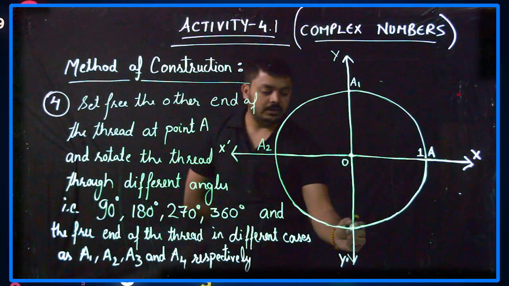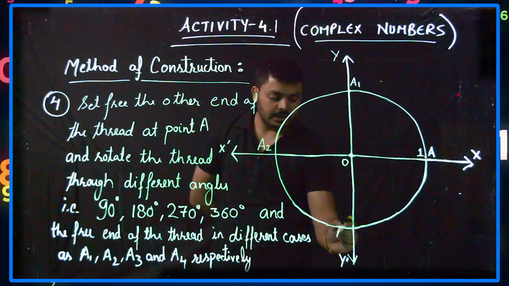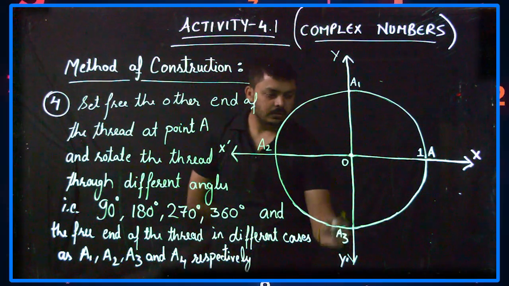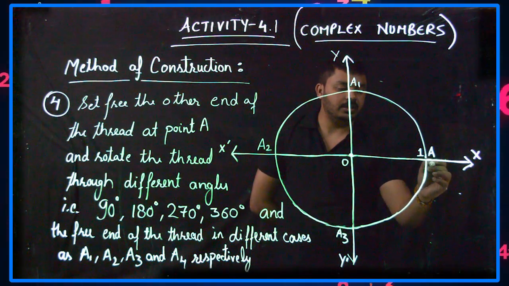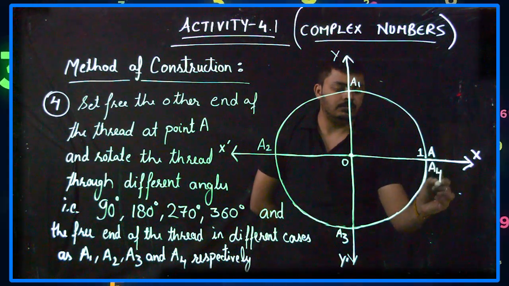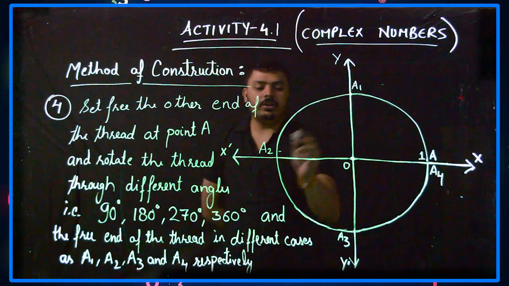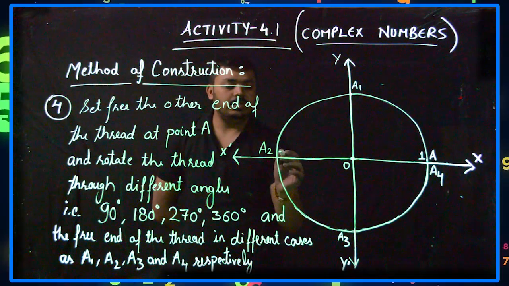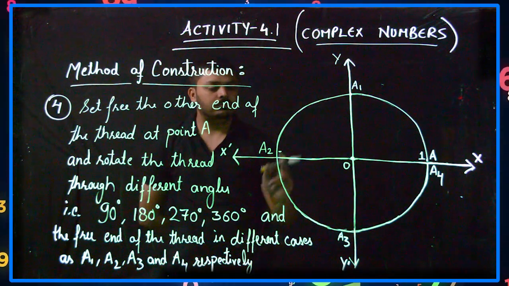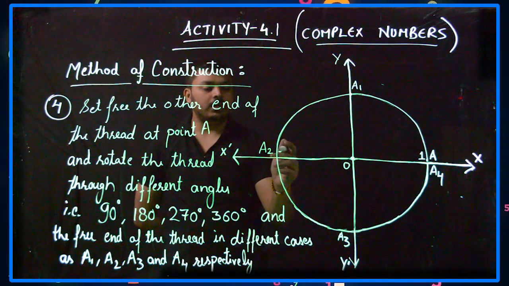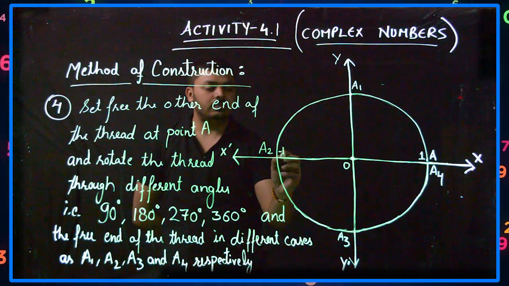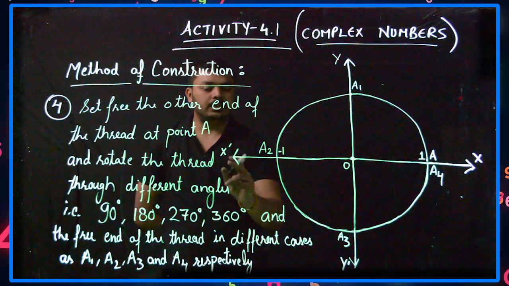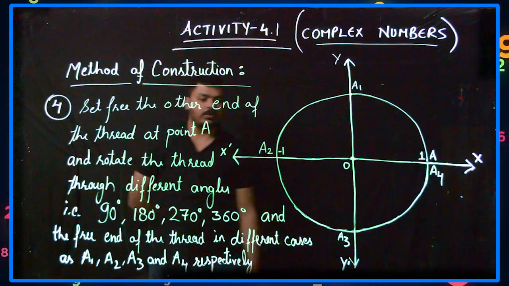Then at 270 degree as A3. Then we move to 360 degree as A4. So when we move to 180 degree here, the unit length along the x-axis is -1. So this is the negative x-axis. So it is -1.